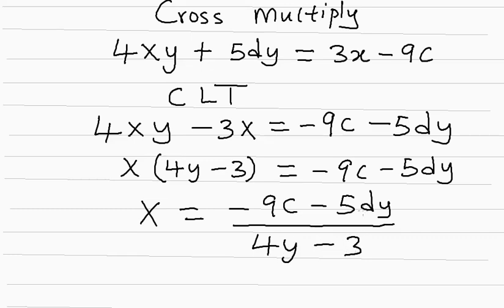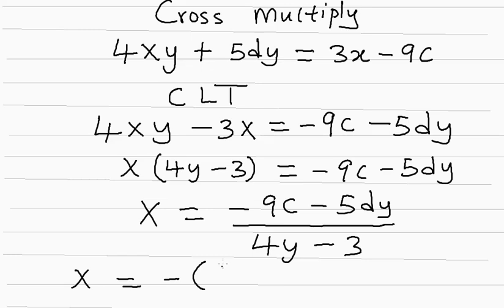Now, the answer will not actually be expressed in this form. In most cases, since I have a common minus at the numerator, I'm going to take it out as a factor. So you may see something of this: minus is taken out.